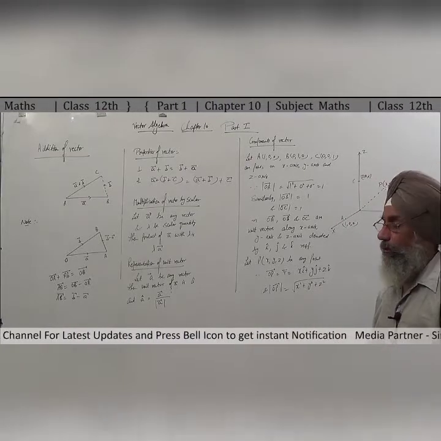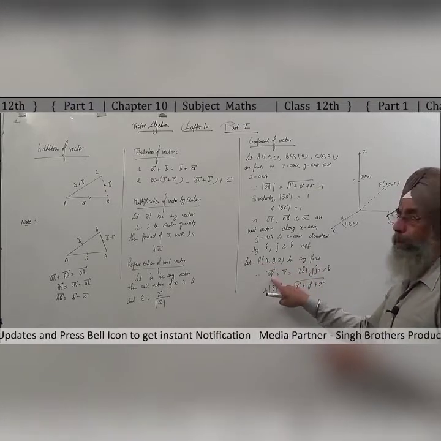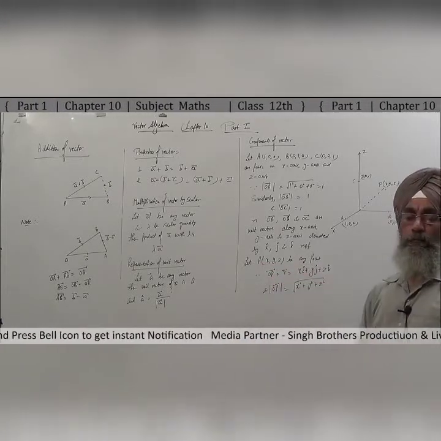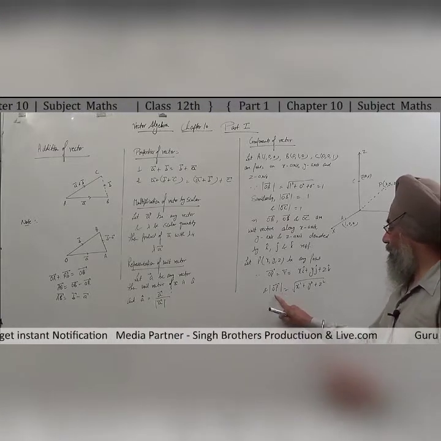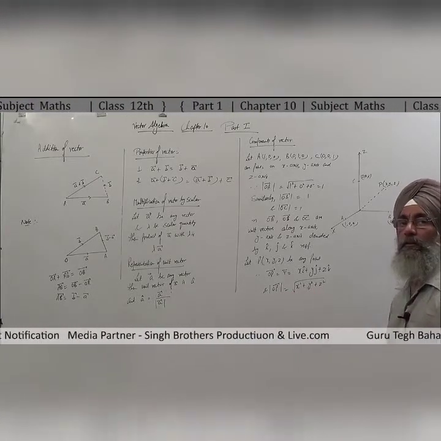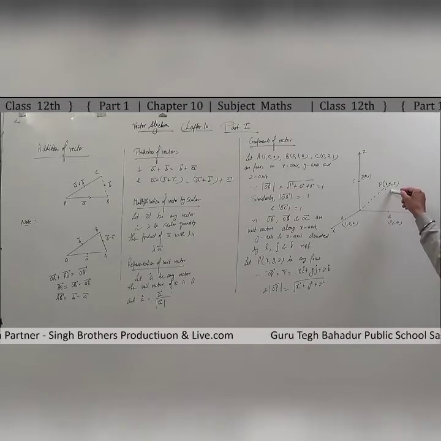So based on this, if we take any point P (x, y, z), then OP is represented by xi plus yj plus zk, and the magnitude of OP is given by the square root of x square plus y square plus z square. We have represented it here.